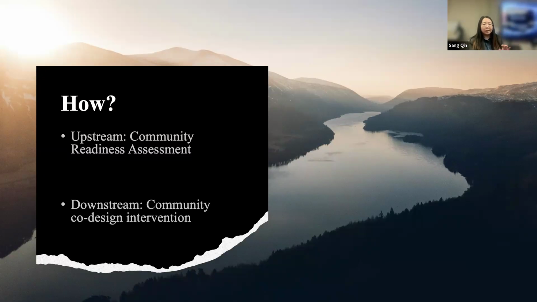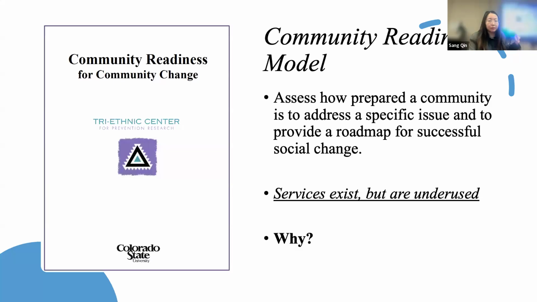As I introduced at the very beginning of the talk, one is exploring the upstream factors: how do we determine the community is ready for addressing certain issues? The other one is more downstream: if we identify the issue and we want to address it, how do we develop or co-design an intervention or solution to directly address it? So we start with the first one, Community Readiness Assessment.